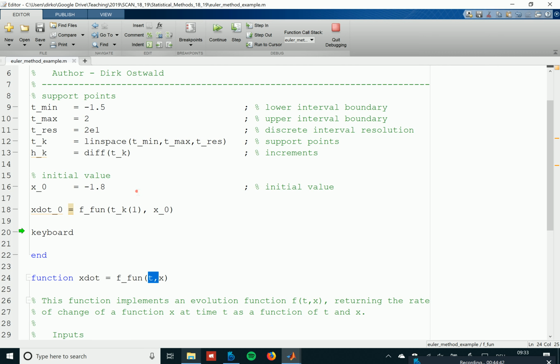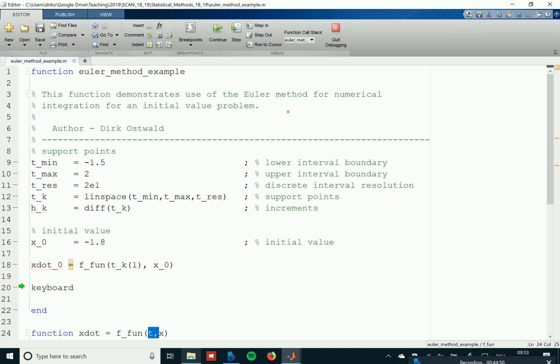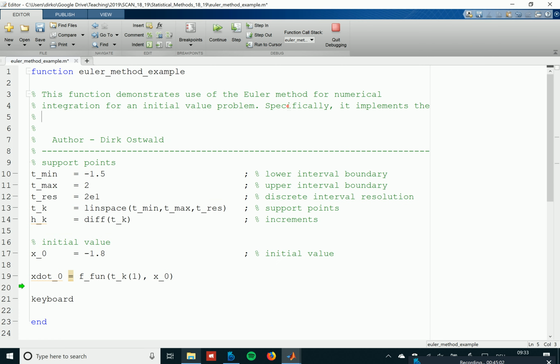And now the final thing is to implement this recursive algorithm. It always helps, if you're programming something, to clarify the math first and then do the programming. So specifically, it implements the recursion.